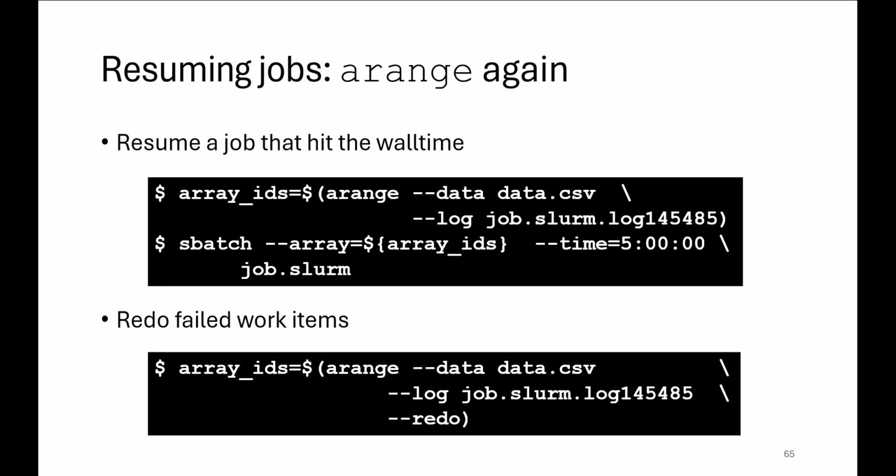If jobs actually failed for some reason, then you can also require them to be redone. And that's with the -redo option of arange. Then it will include also those job IDs or those task IDs for which the processing failed.